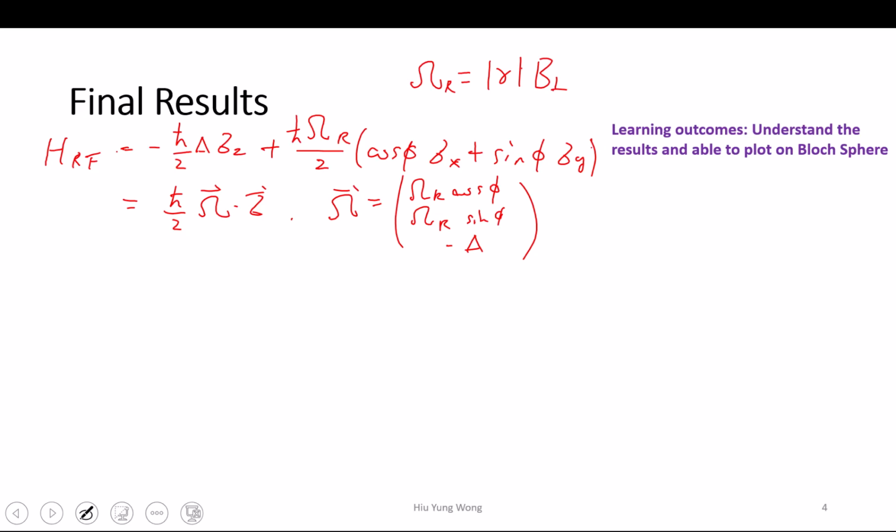You remember the Larmor frequency is just equal to the gyromagnetic ratio times B0, where this is e over m if you simplify it. Very good, so this one actually determines the Rabi frequency.